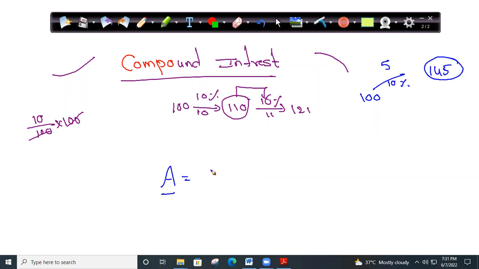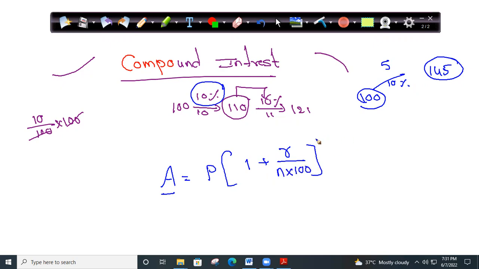So amount A is given by P, the principal, which is the initial amount that you give, into (1 plus R by N) whole power N into T, where R stands for rate of interest, 10%, 5% per annum, and T is 5 years. I gave him for 5 years. After 5 years, he'll give me 145 rupees. To be frank, he'll give more, but I just wrote some random number. So this is the formula for the compound amount.